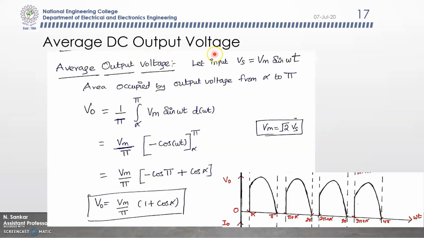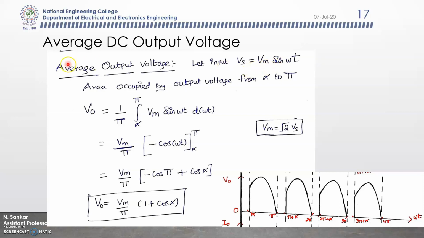Average DC output voltage. Our assumption is that we have taken the input AC voltage Vs as Vm sin omega t. Here Vm is the maximum voltage and sin omega t follows the sine waveform, with a maximum value of -1 to +1. So here the input is Vs equal to Vm sin omega t.